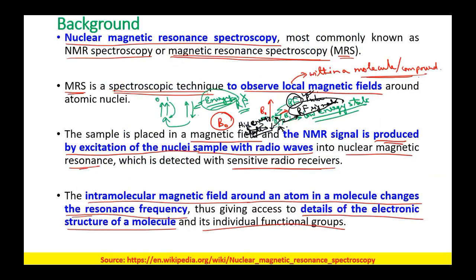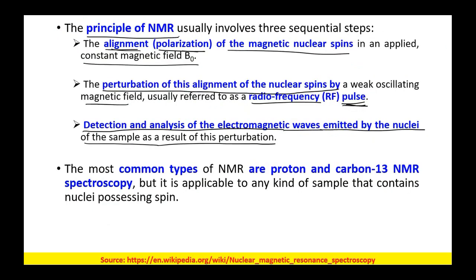So what you are doing basically is, when there is no pulse, this magnet will try to come to the low energy state, and while it comes to the low energy state, it releases the radio frequency signals which it absorbed while going to the high energy state. So these RF signals emitted when these tiny magnets go to the low energy state are recorded and analyzed.